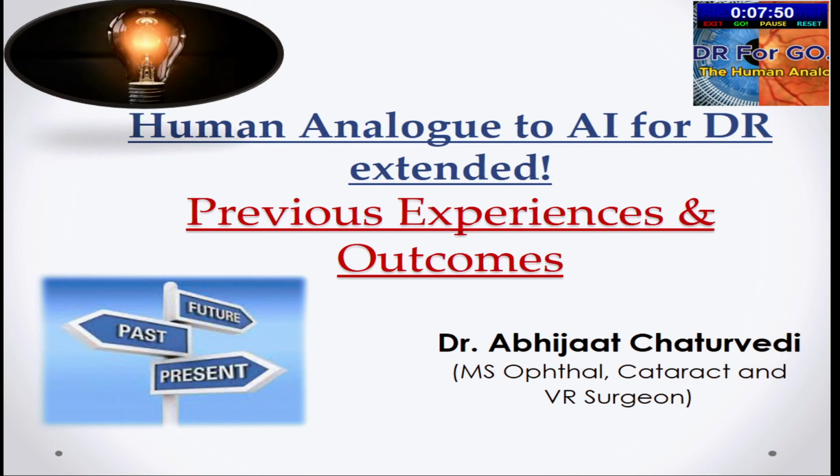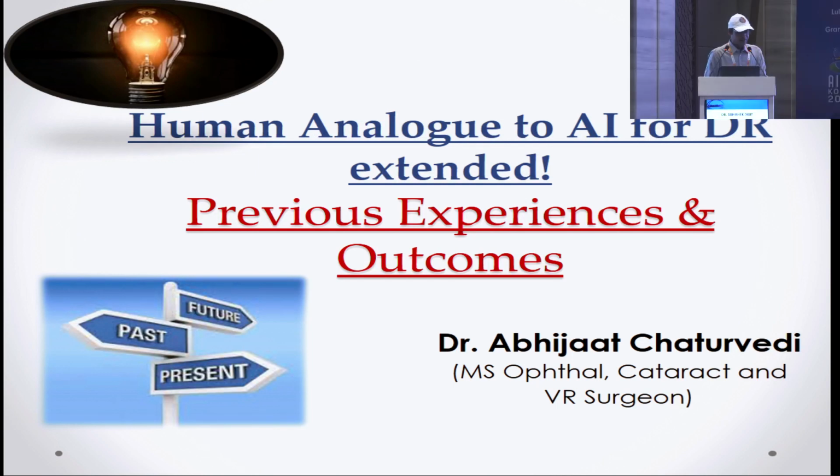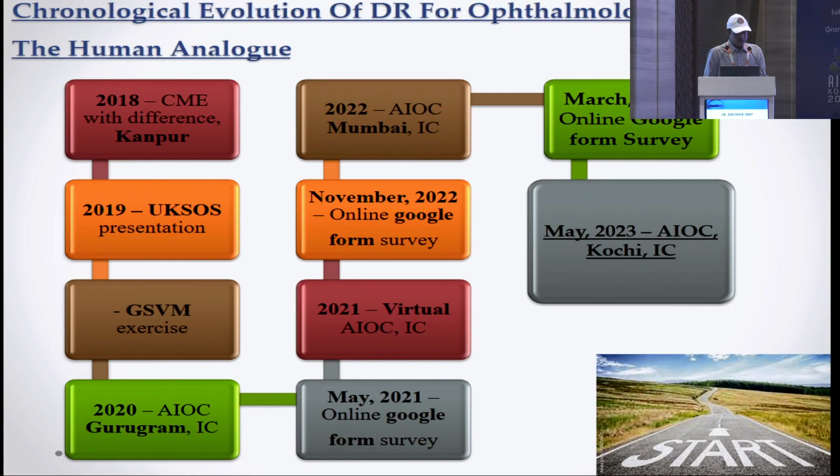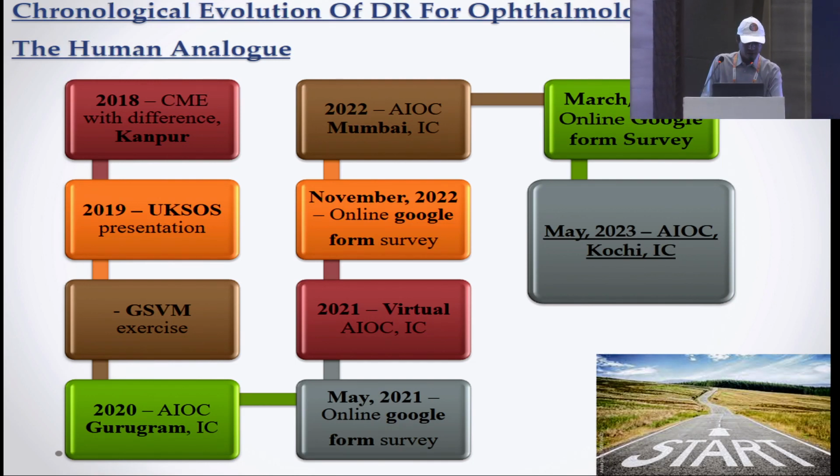So, okay, good afternoon, everyone. I will be briefly taking you through the previous experiences and outcomes of our program. We started this program in the year 2018 with a CME with a difference in coordination with the Kanpur Ophthalmic Society.